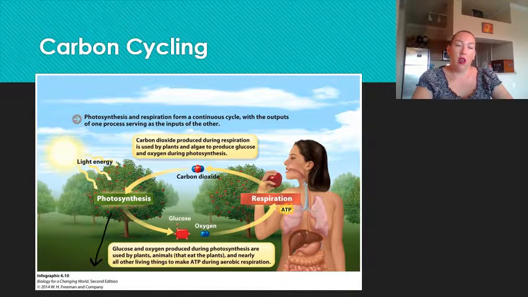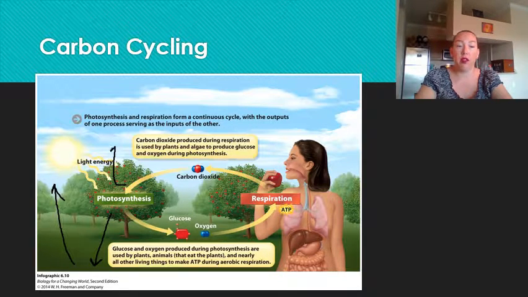So if we upset this cycle, this balance of carbon entering and exiting the atmosphere by things like burning these fossil fuels to release huge amounts of carbon dioxide, or by clear-cutting forests so that this carbon in living plants leaves and then less carbon is being fixed because there are fewer photosynthesizers, those can have catastrophic effects on our climate.